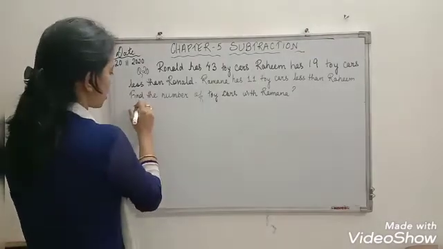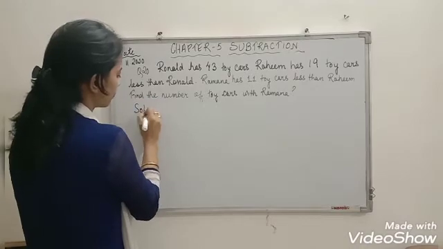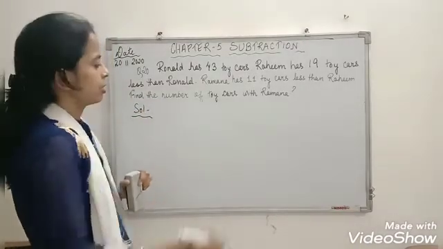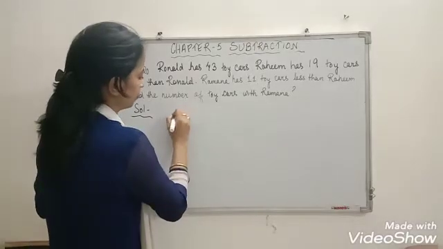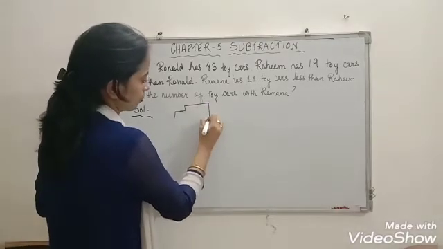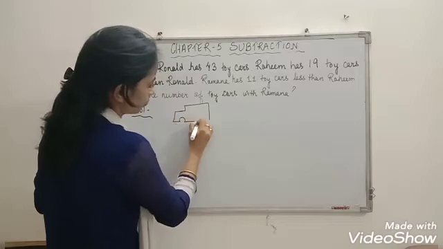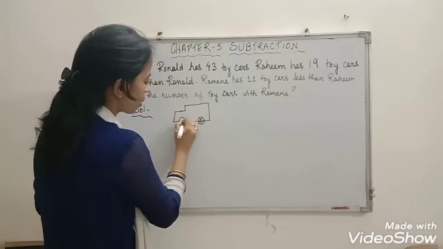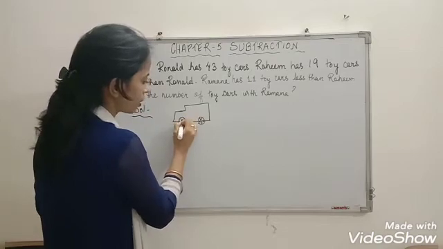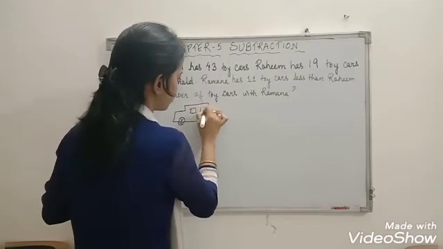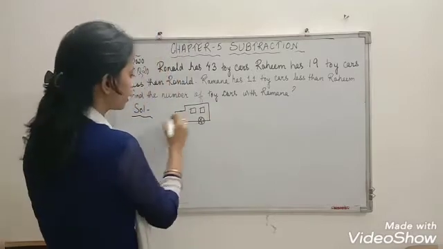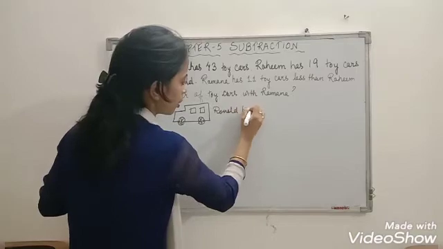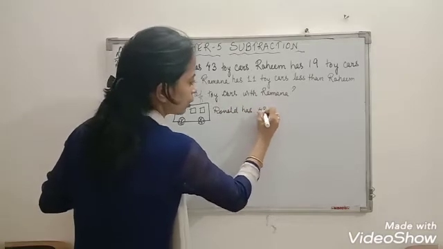So here you see how we are going to find out. Toy cars. So Ronald has how many? 43. Ronald has 43 toy cars.